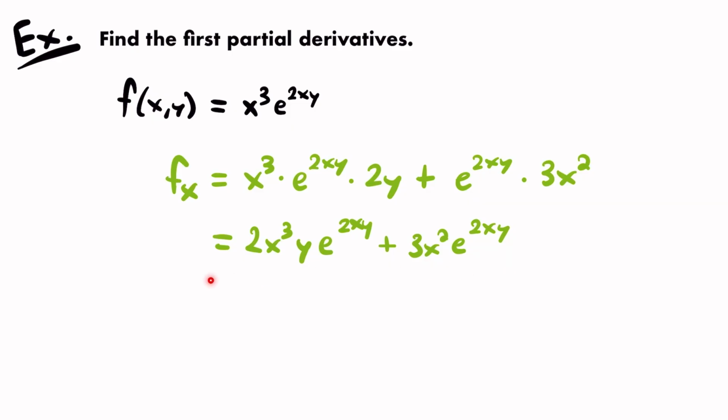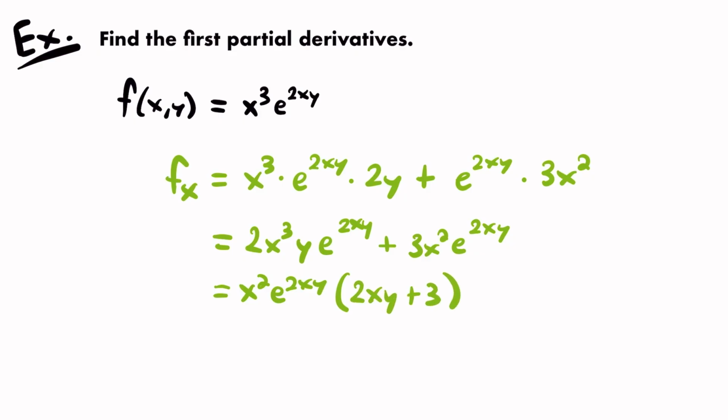All right, now this is an acceptable answer, but if you wanted to, you could simplify further or rewrite it by pulling out a common factor. Both of these terms have a common factor of x squared times e to the power of 2xy, right? You can find that in both of these two terms. So pulling that out, you get x squared times e to the power of 2xy times (2xy plus 3).